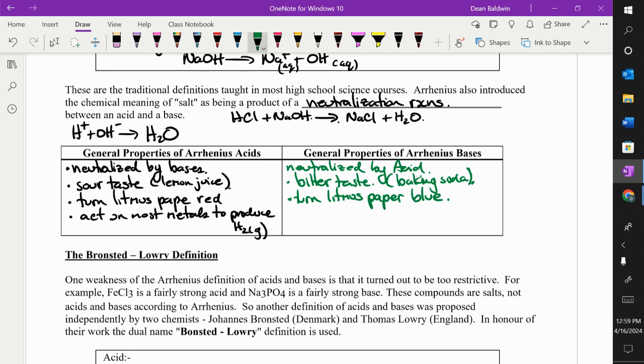If you put soap on your hands, what feeling do you have? It's slippery, greasy, right? One end is hydrophobic. That's how you wash it off. It starts to break down the fatty acids, and that's the slippery feeling.